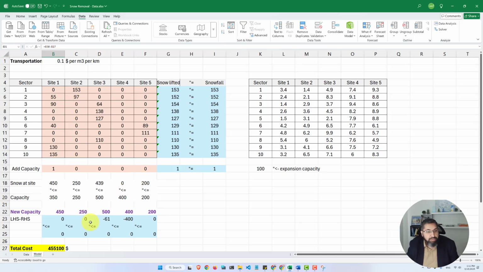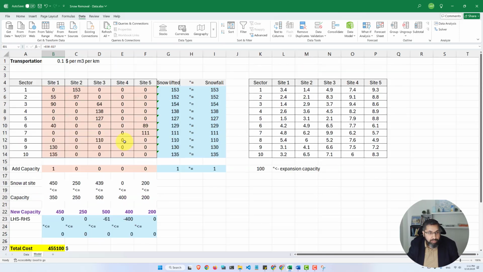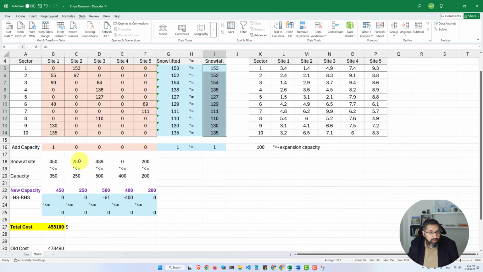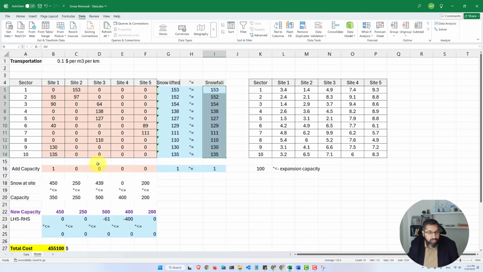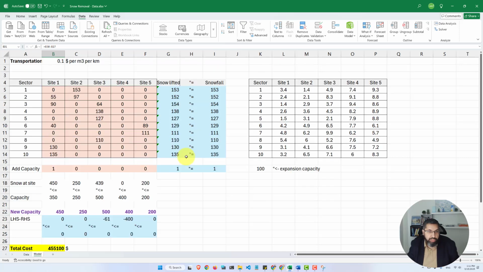Obviously, if you expect more snowfall to fall in the coming years or less to fall, this could change. This is based on your forecast of the snowfall that you expect on average to happen. But currently with this forecast, if we add 100,000 cubic meter of capacity, the best place to add is site 1, and then you save $23,390, right?